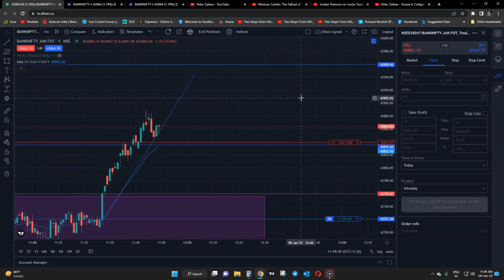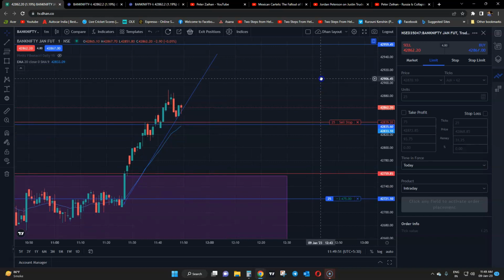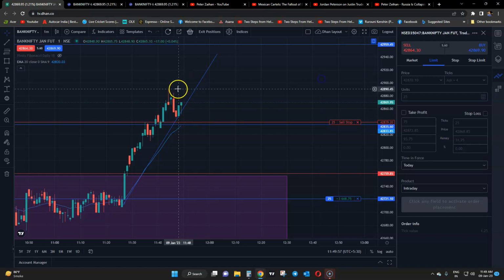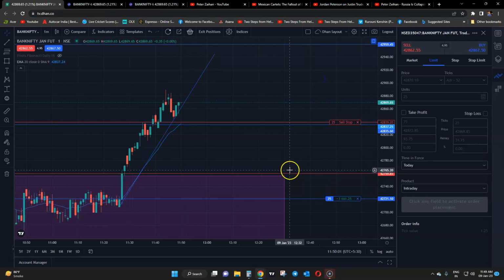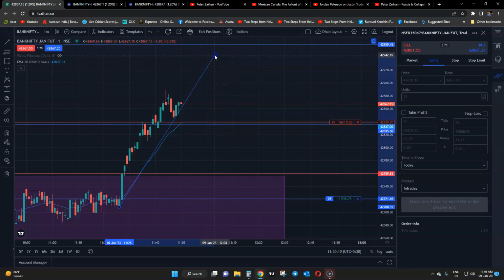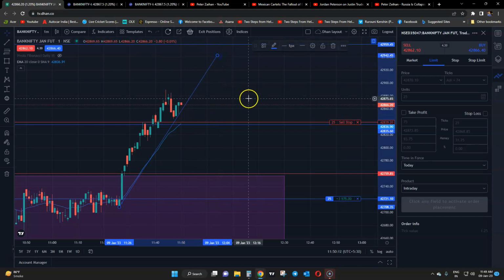My analytical powers are close to zero now. I have no analytical power left. Yeah, it could go test this and then fall down. I don't know. Maybe it can. Maybe it won't. You'll just shoot till the measured move here. Anything could happen. This is that one pullback that scares people out of longs and into shorts.